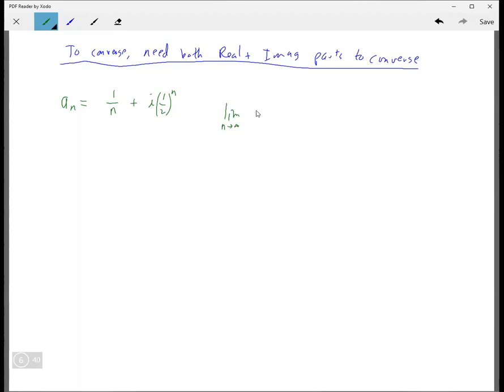You know that the limit as n goes to infinity of 1 over n is 0, right? And the limit as n goes to infinity of 1/2 to the n is also 0, right? So this one is going to converge to 0. You can split it up into real and imaginary parts, and then great, that's going to be 0.